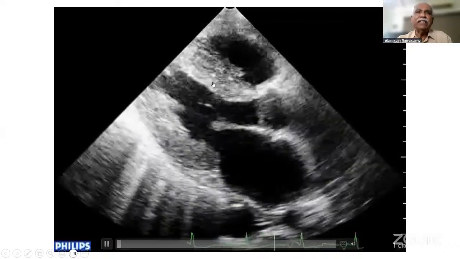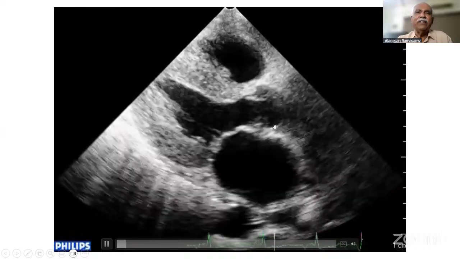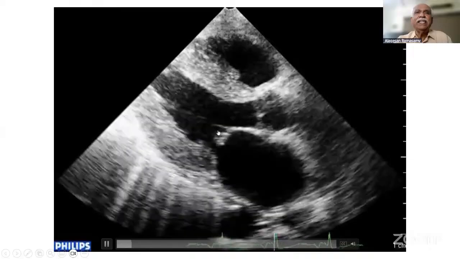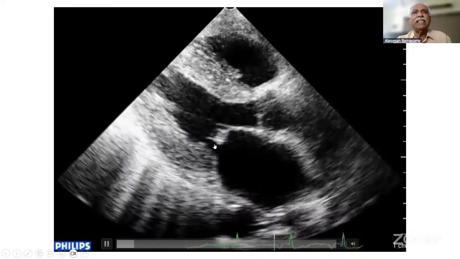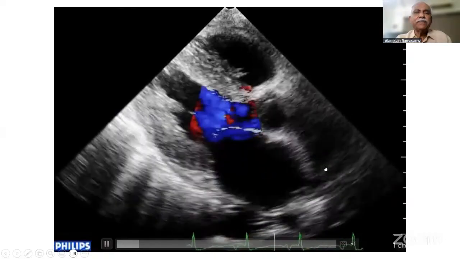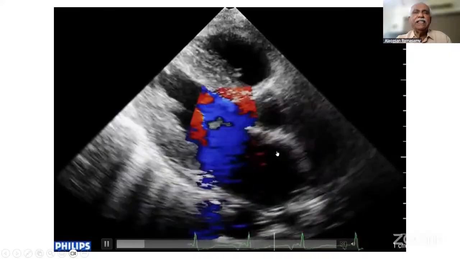When you have bright echoes with the dilated left atrium, with no valvular obstruction, significant mitral regurgitation, thickening of the mitral valve, interatrial septal thickening, and so on, these are the findings in patients with amyloidosis. In this patient, there is a mild mitral regurgitation.